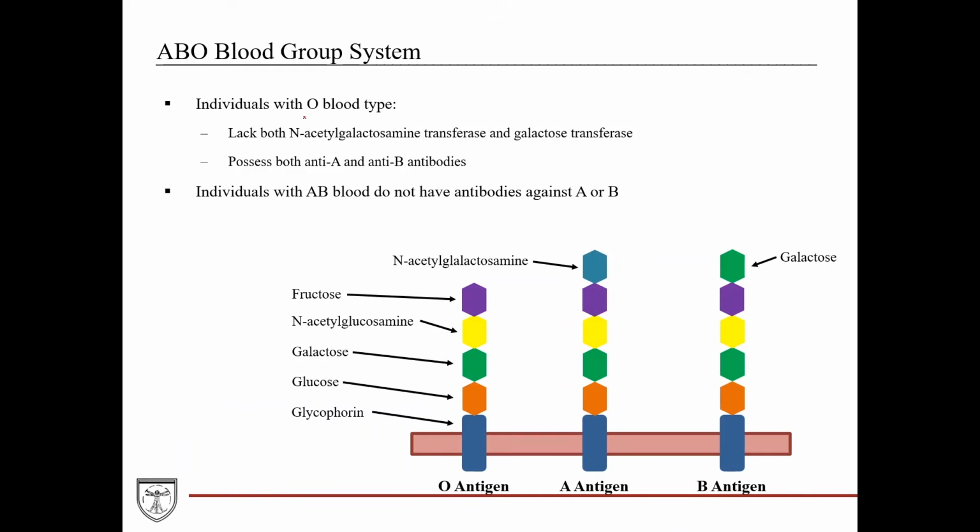Individuals with O blood type actually lack both the enzyme N-acetylgalactosamine transferase and the enzyme galactose transferase, so they can't make the A or the B antigen. However, since they only have O, they possess both anti-A and anti-B antibodies. So individuals with type O are what's called the universal donor.